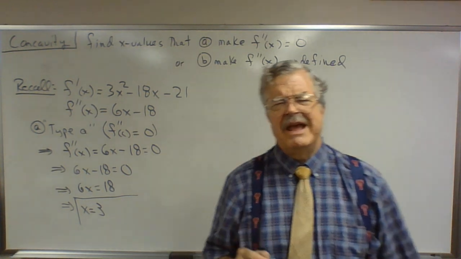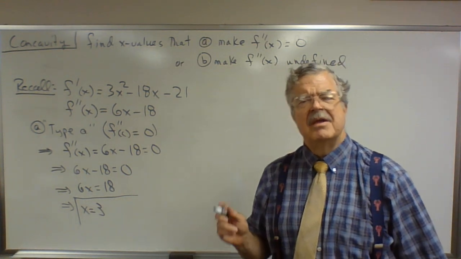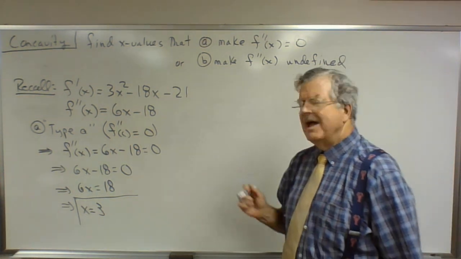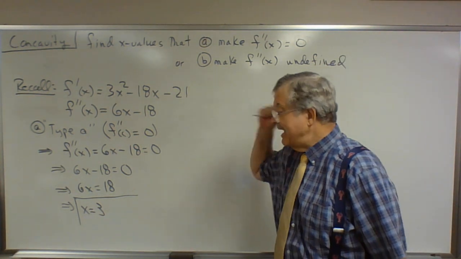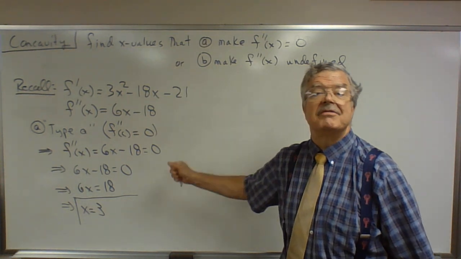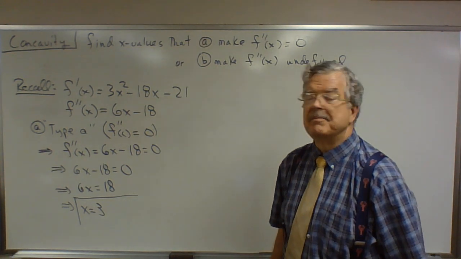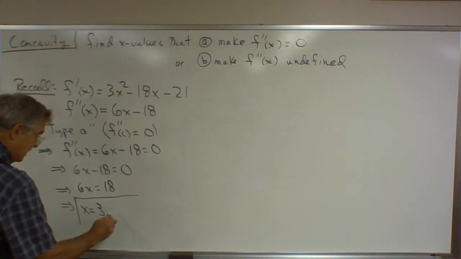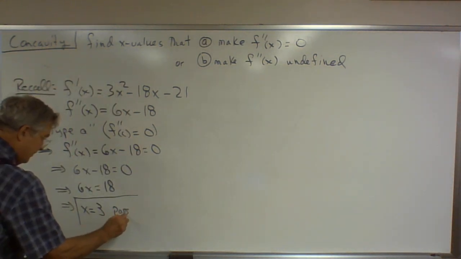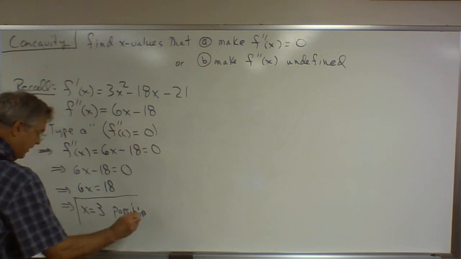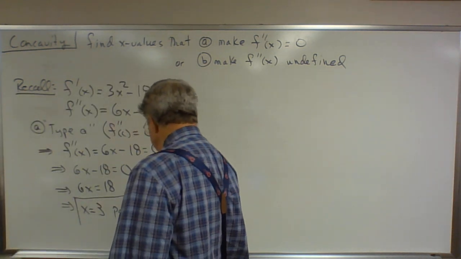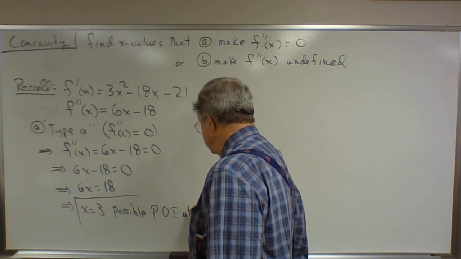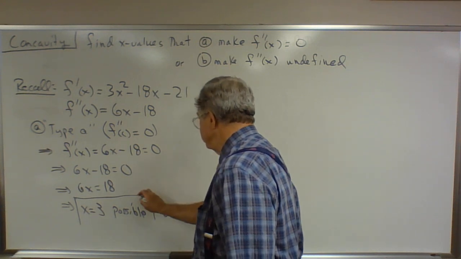Now, there's a technicality here. Because of the way that point of inflection is defined, I can't automatically say, aha, point of inflection at x equal 3. What I can do is say possible point of inflection at x equal 3.